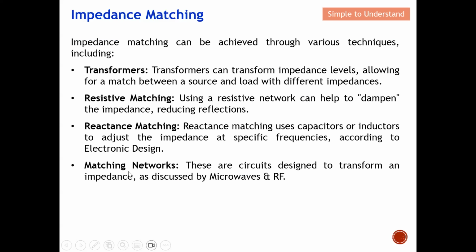Last but not least, matching networks are circuits designed to transform an impedance, as discussed in microwave and RF. You will be able to find this series of discussions under the playlist in the description, including one of the ways to do impedance matching.